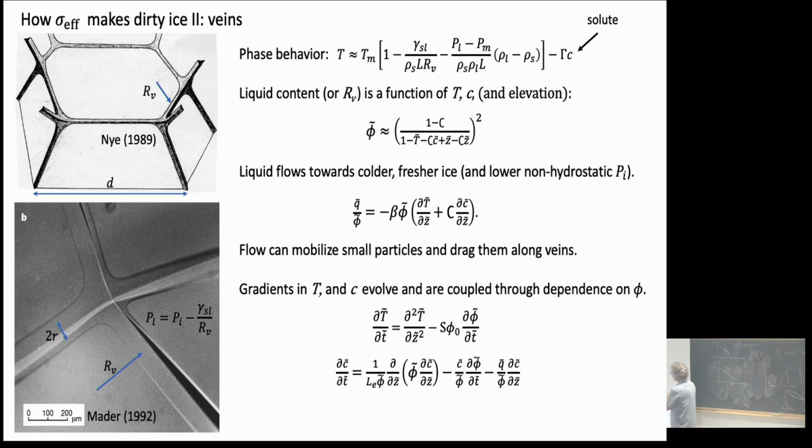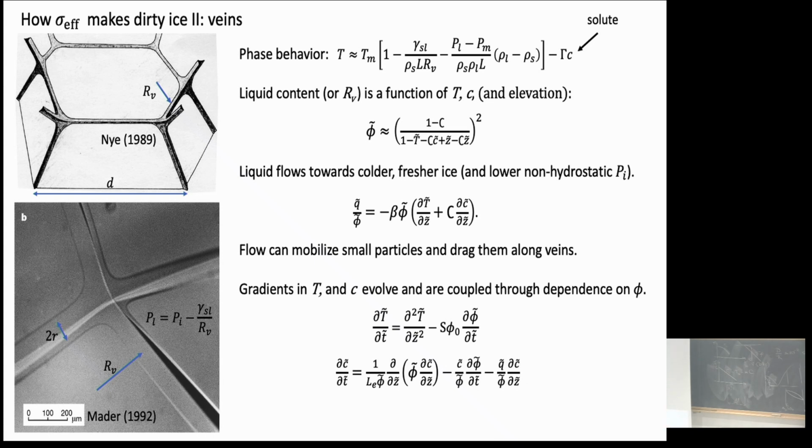We can write down Darcy's law, and I've normalized this Darcy velocity by this liquid fraction, because the important thing is that Darcy's transport rate is a rate of transport over an entire cross-section. And what we're interested in is what is the water speed through each of these tubules on average, rather than what is the water speed through the entire space on average.